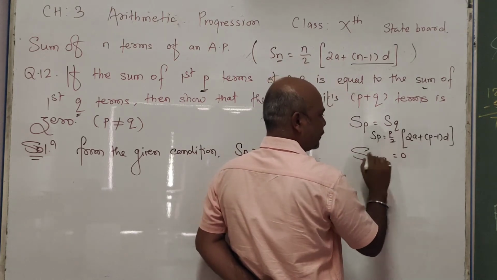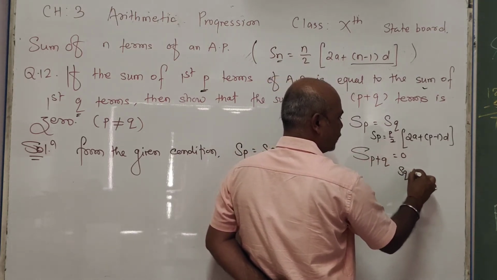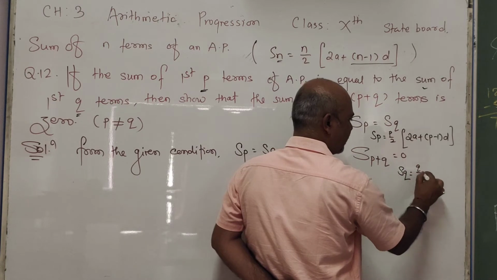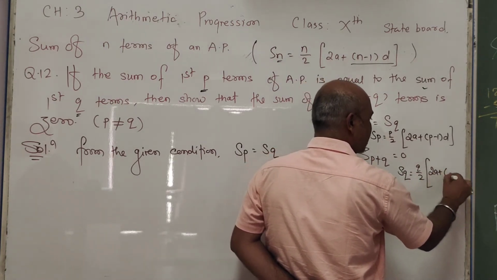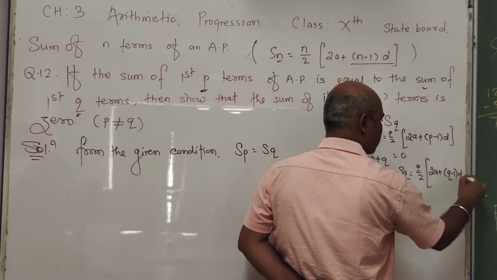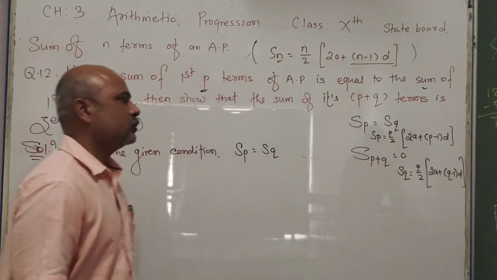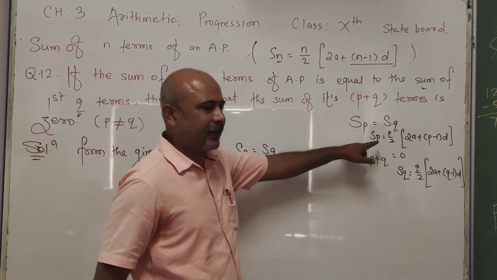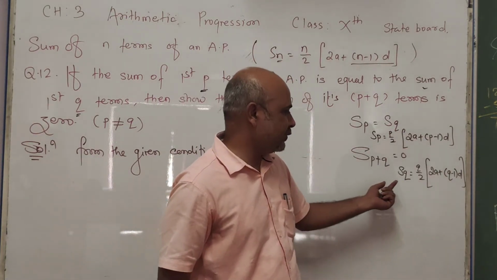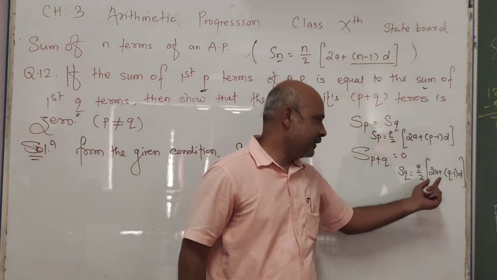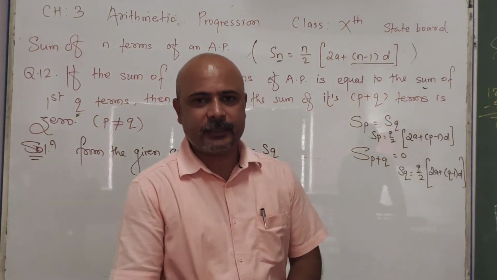And Sq is equal to q by 2 times 2a plus q minus 1 into d.